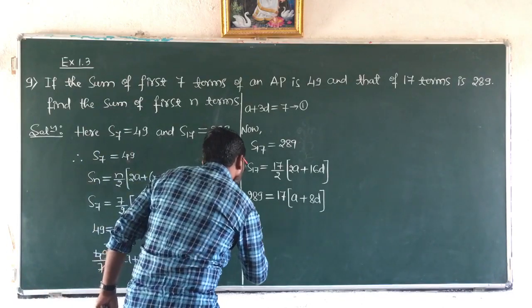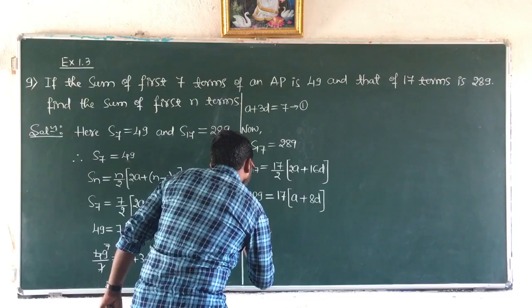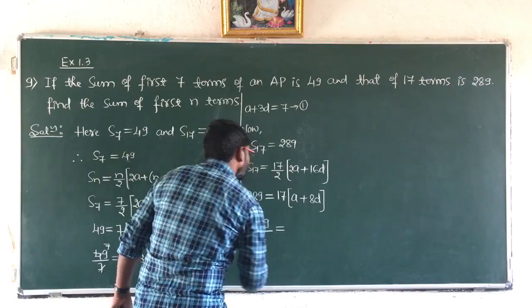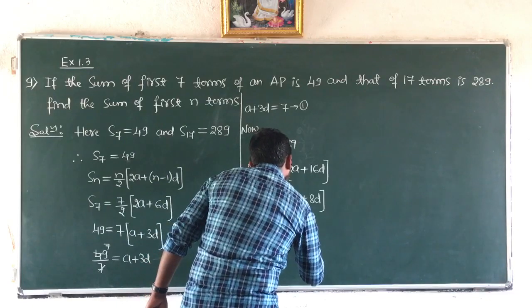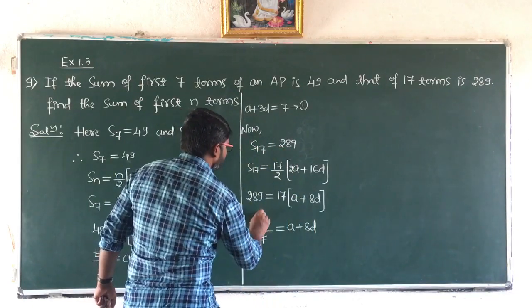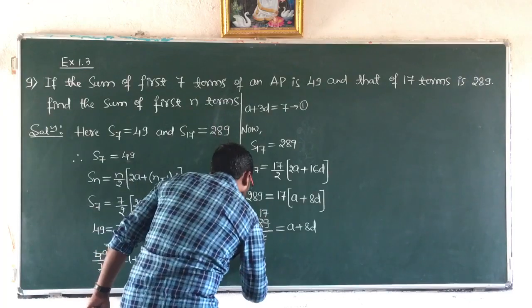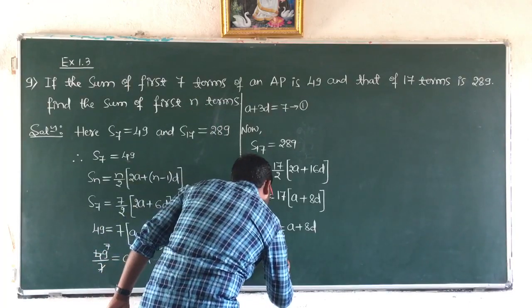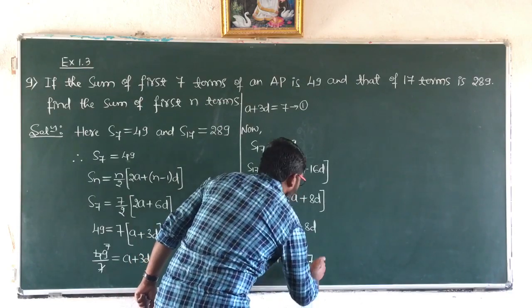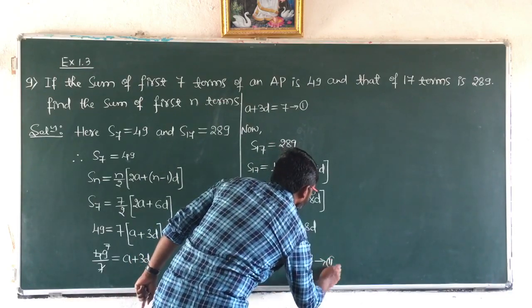It becomes 289 divided by 17, which is equal to a plus 8d. So it is 17. This implies that a plus 8d, which is equal to 17. I call this as equation number 2.